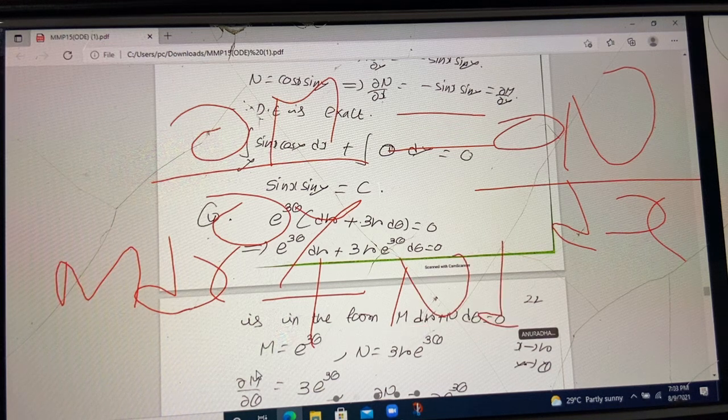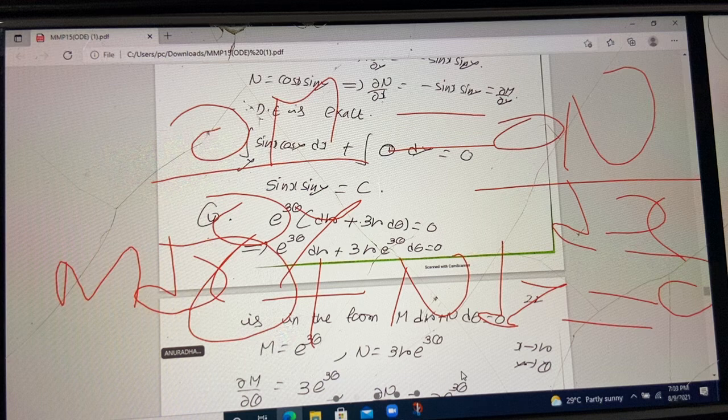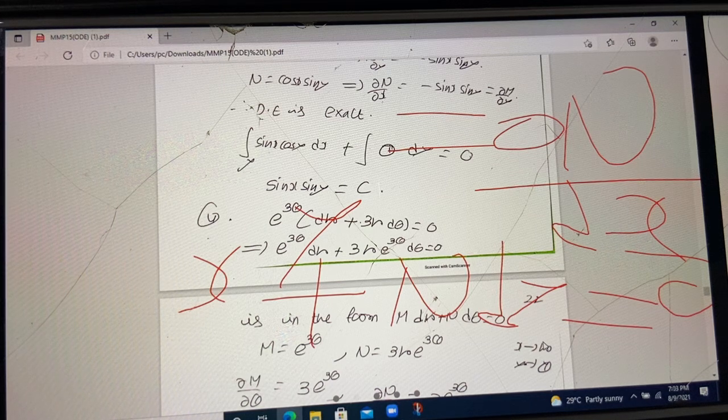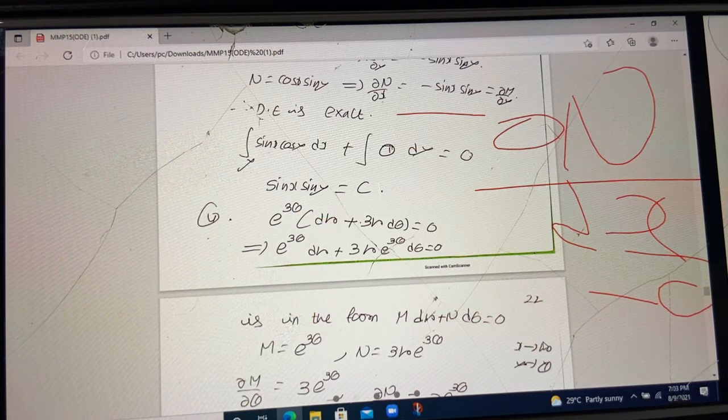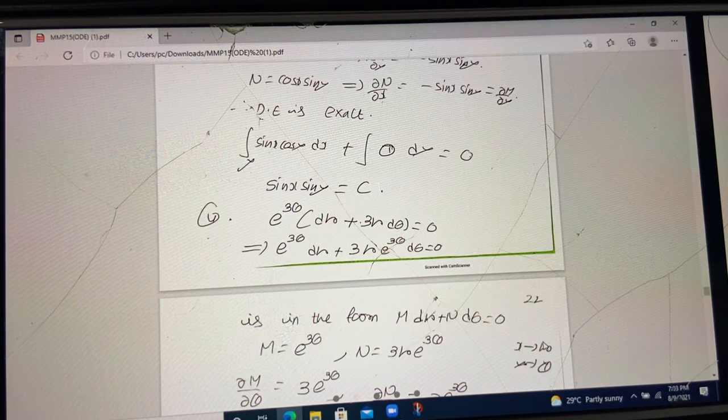So reduce it to the form m dr plus n d theta. The d theta coefficient is n, the dr coefficient is m. Wherever x is there it means r, and wherever y is there it means theta. R means x, theta means y.